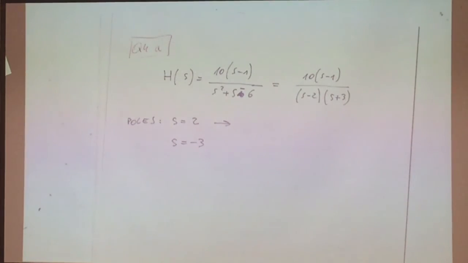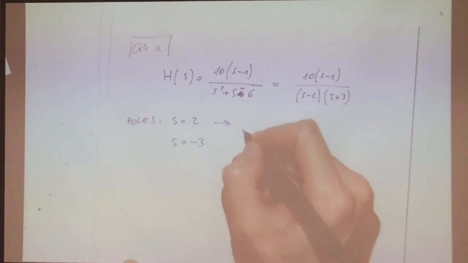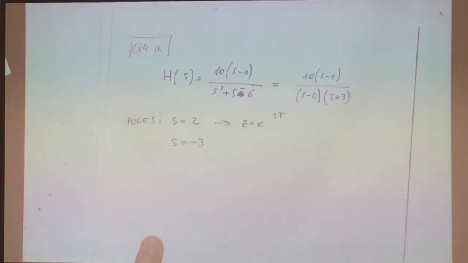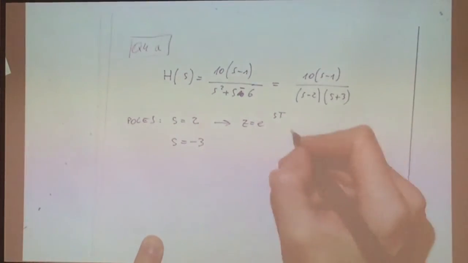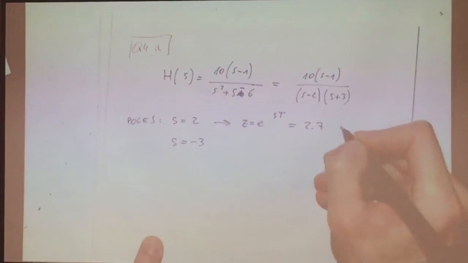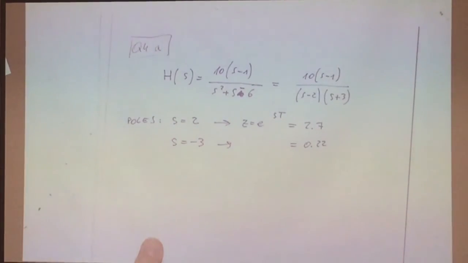Okay. So, how do we map the poles? According to the same rule as before, we say z is equal to e to the power of sT. And you just put the numbers in, and you get 2.7 something. And then for the second one, you get 0.22.